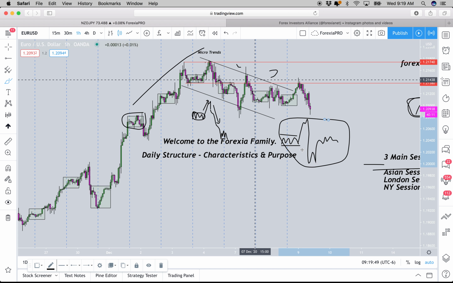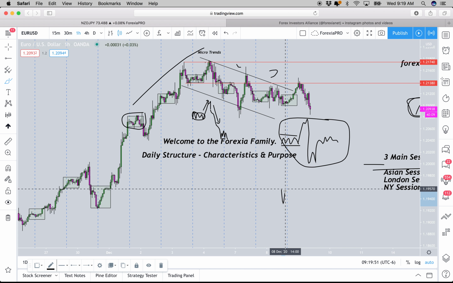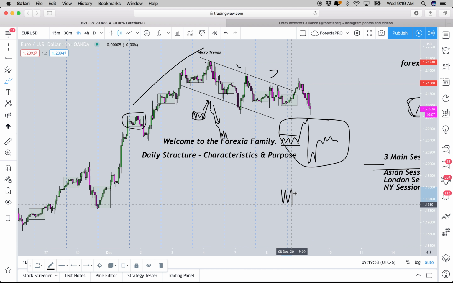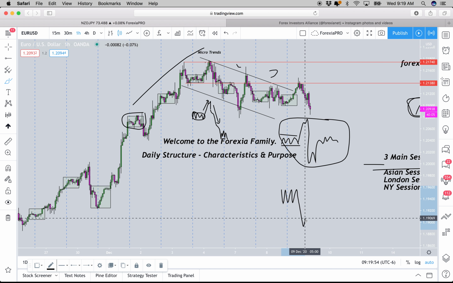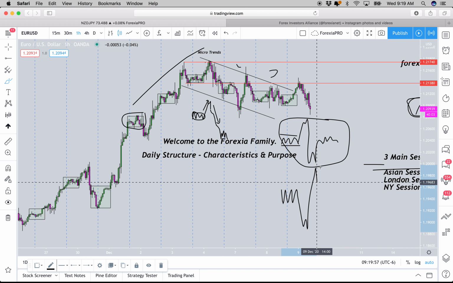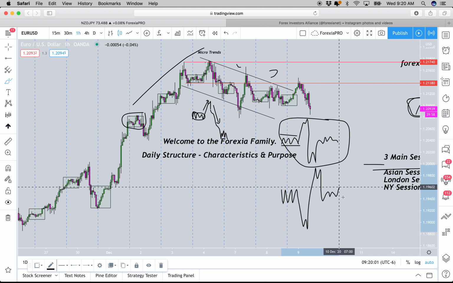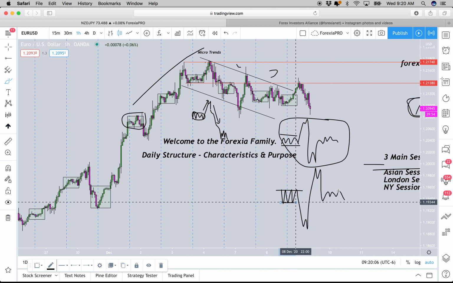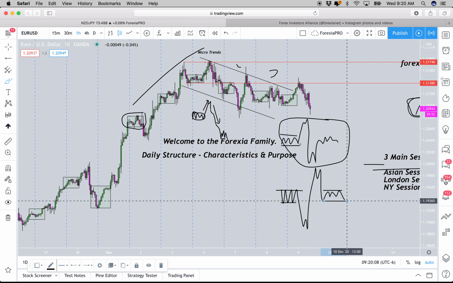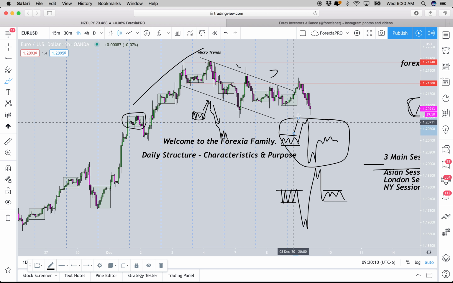Now we see a somewhat different structure. However, it's the exact same concept. The exact same thing, the exact same structure, however, inverse. So that breakout is inverse.